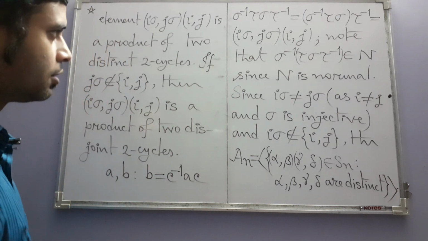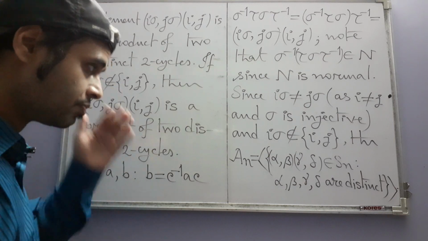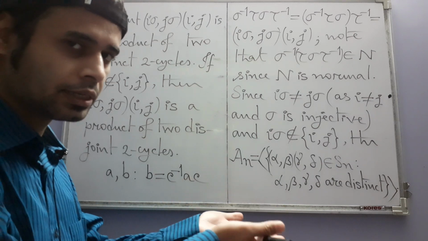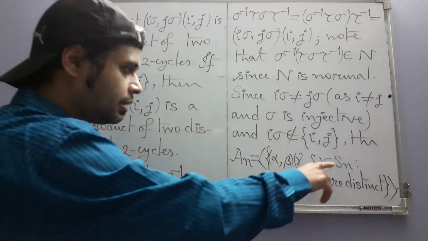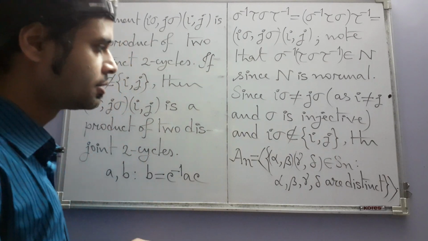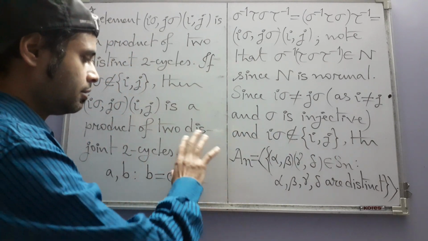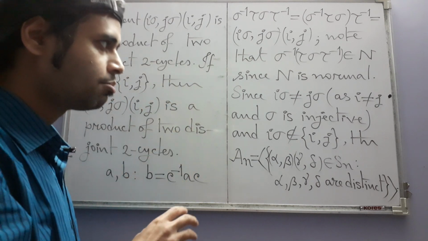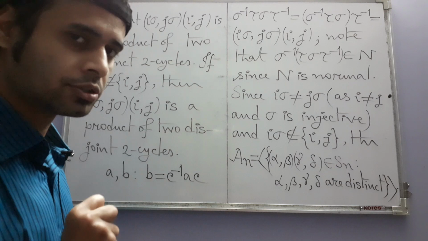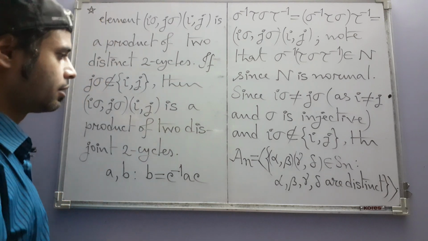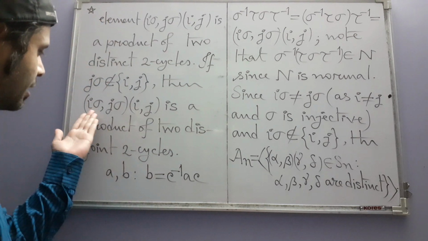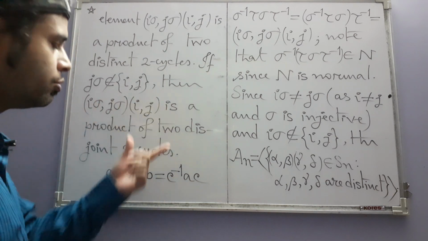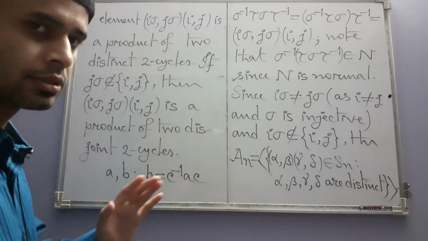Now what do we have? The thing that we have so far not got, which we are going to see in the next section, is conjugacy in these symmetric groups. According to that, in a symmetric group, the elements having the same cycle structure are conjugate. In particular, all the elements that look like this, which are products of two disjoint two cycles, are conjugate.